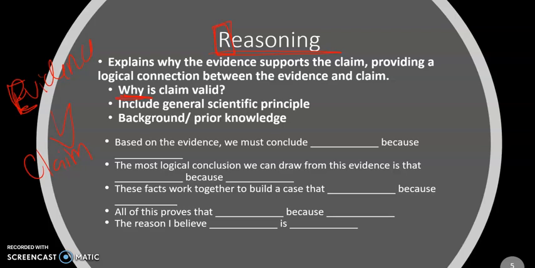Here is the why that is the case. We're actually including scientific information. We're not worried about feelings. We're using scientific principles and data that support this claim. This is going to be more in depth. Notice all of these stems that we could use for our reasoning are more extensive, multiple sentences, because we're citing different things.